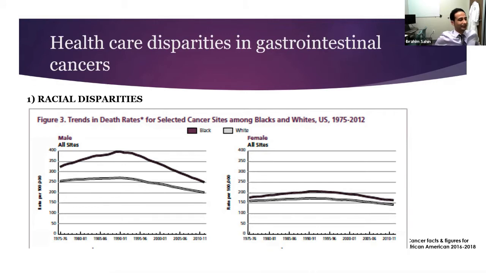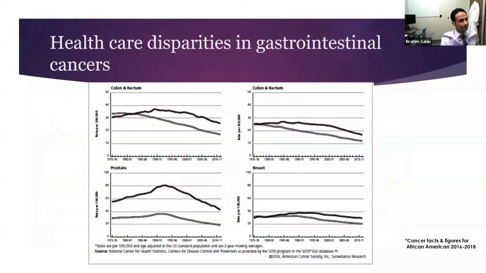Regardless of gender, and this is for all cancers, there is a gap, and unfortunately the gap exists for both male and female. The upper black line shows the African American or Black community, and the bottom shows the white community. The problem is real, and it's a comprehensive and large problem existing in all types of communities.